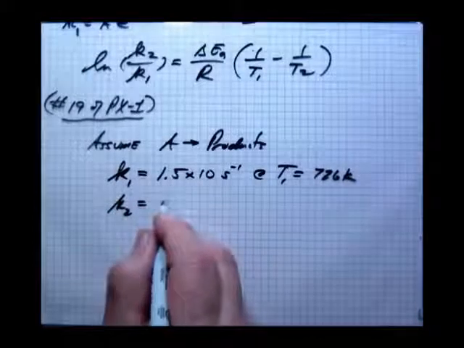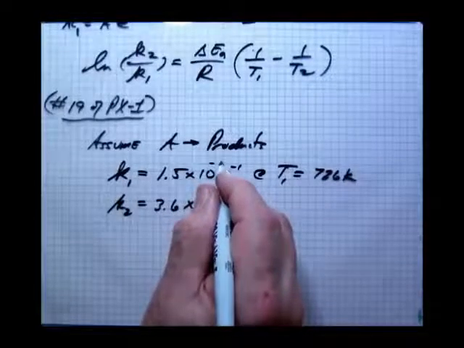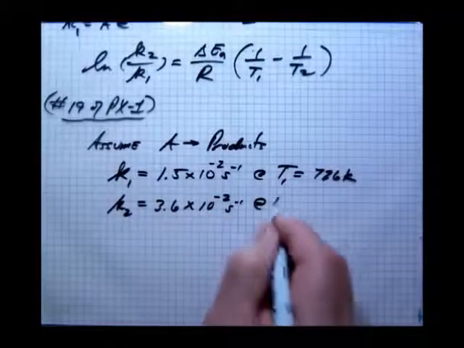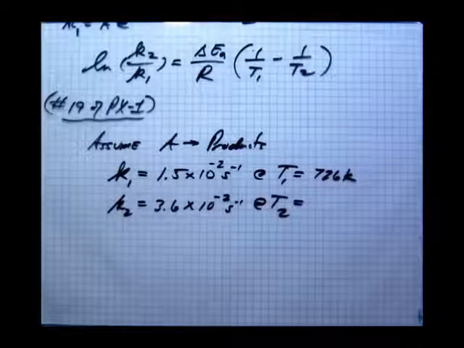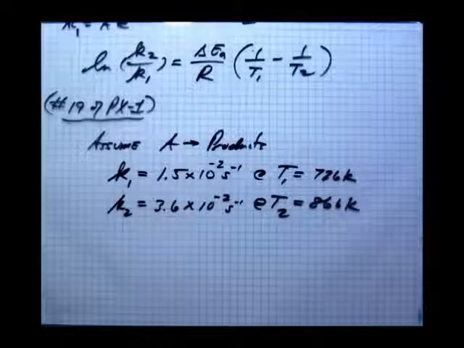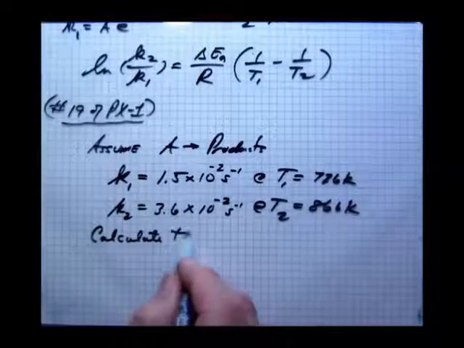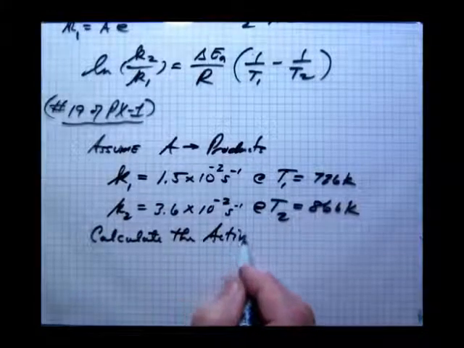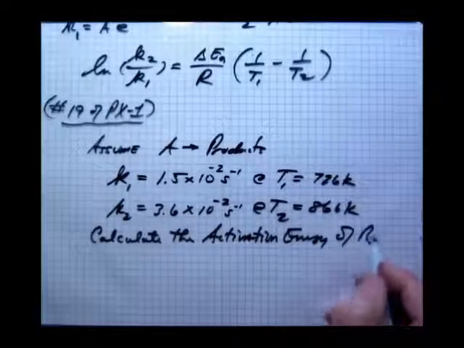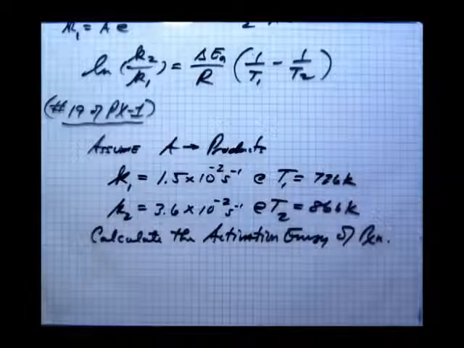K2 is equal to 3.6 times 10 to the minus 2 seconds to the minus 1 at T2 equals 866 Kelvin, like that. Calculate the activation energy of reaction. So you're looking for this delta EA right there.